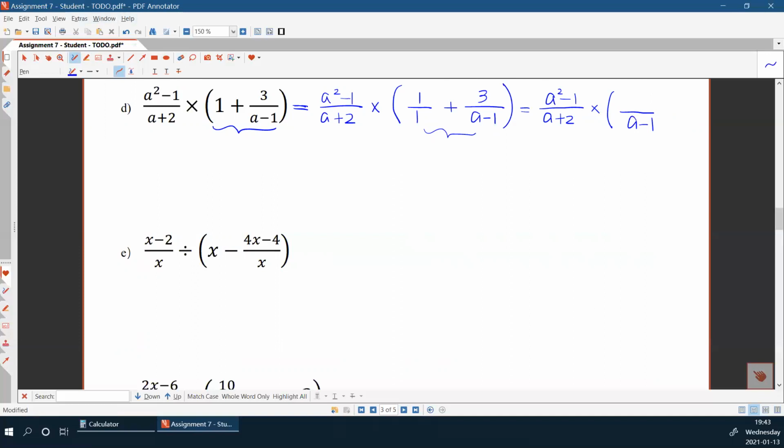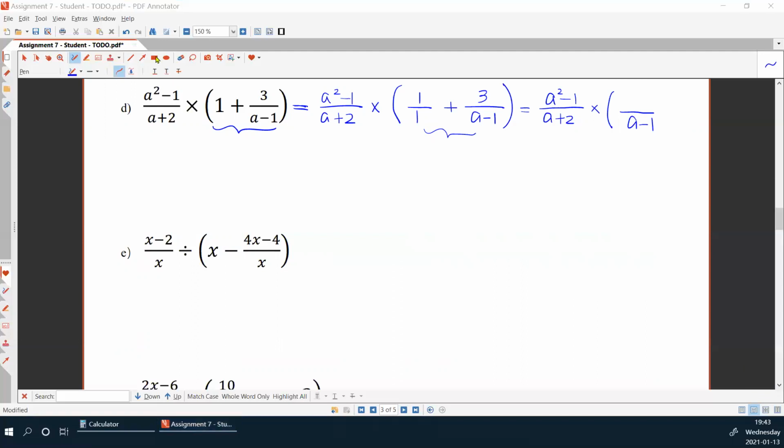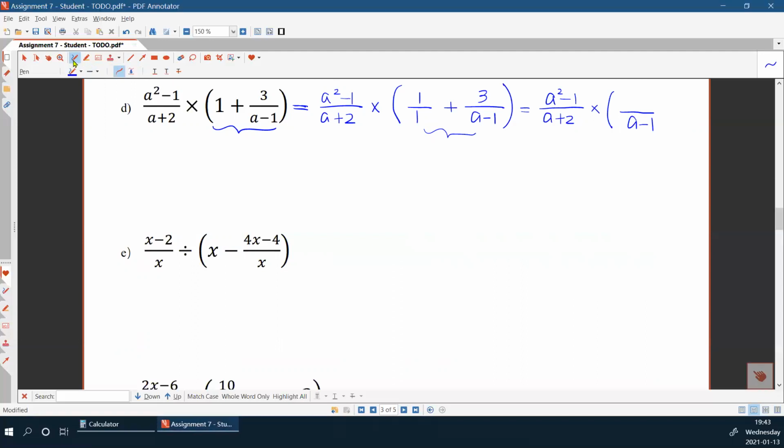Because most of you have done this incorrectly, so let's do them slowly. One step at a time. Okay, 1 minus 1 over a minus 1, right? So the second term is 3 over a minus 1.